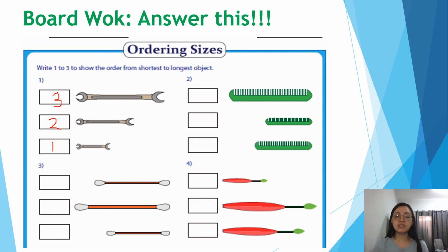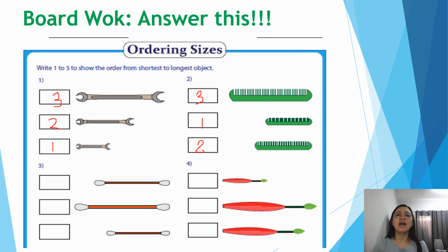Now you can pause this video to answer first, even on a sheet of paper, or you can answer it using your mobile or your iPads. Then you can play once you finish answering. Okay, let's answer. How about number 2? The correct order would be 1, 2, and 3.